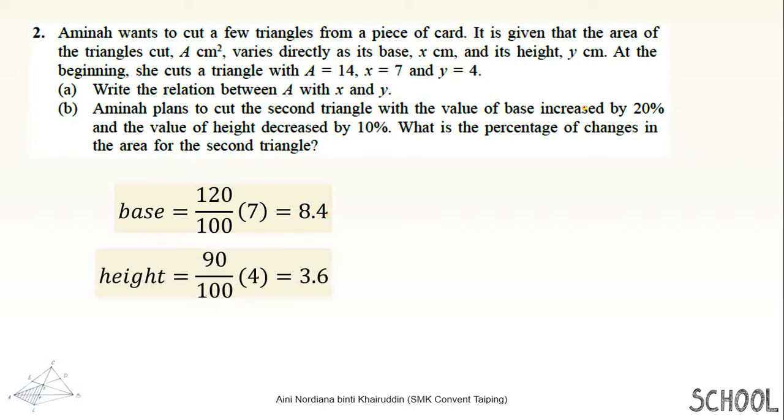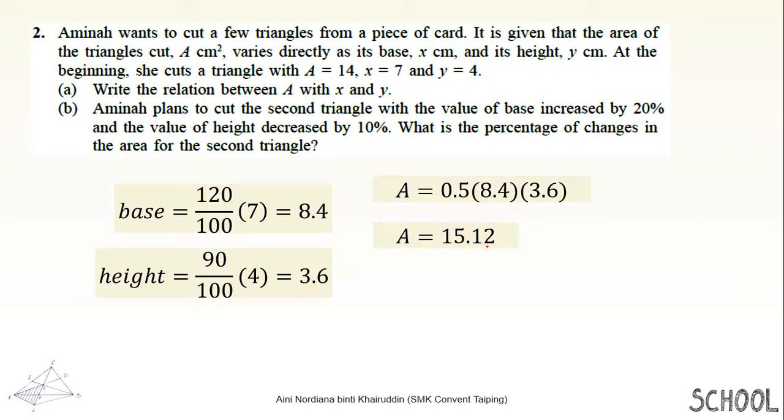For height, it is decreased by 10%. So 90% times 4. 4 is the height. So this is the height for the second triangle. So the area, substitute into the formula. So you get this is the area for the second triangle.